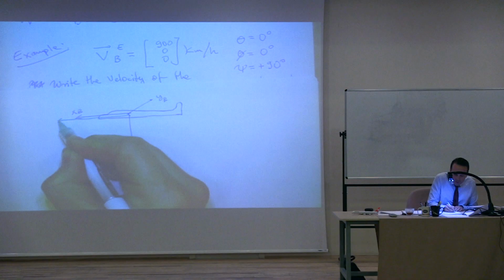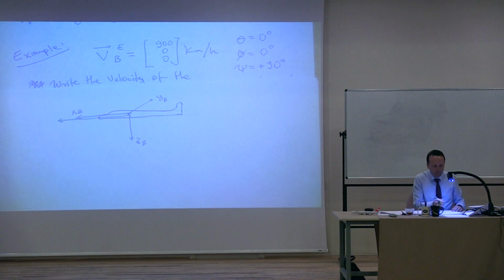in which direction is the airplane flying? It's flying where? Towards y? X or y? X. XV you mean? Is it flying towards north? XB.